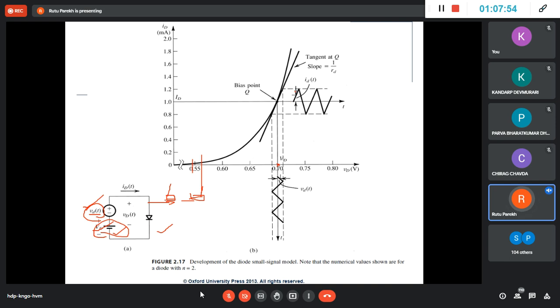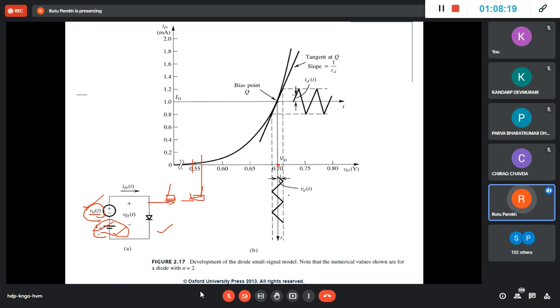So now this is current. If this is a sine wave, your current has to be a sine wave. And if it is a triangular wave, it should follow this. Okay, it should mimic this. So the relationship between this I and V should be linear.